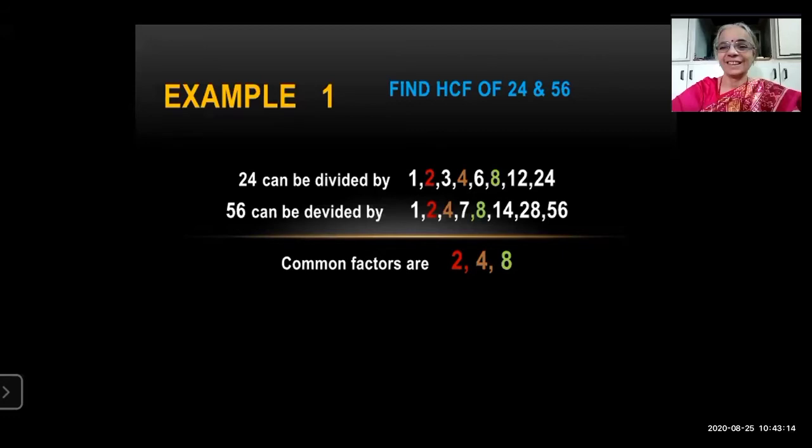The largest integer, the highest number. So, the highest common factor is 8. So, 8 is the number by which we can divide 24 and also 56. It's a common number. Isn't it easy?